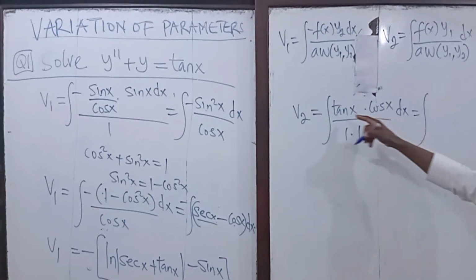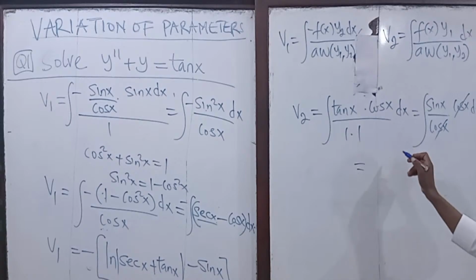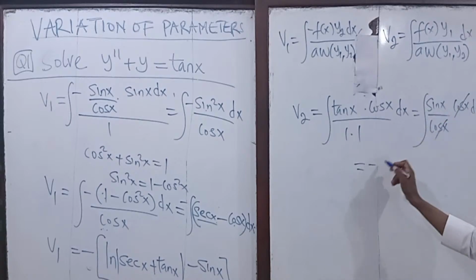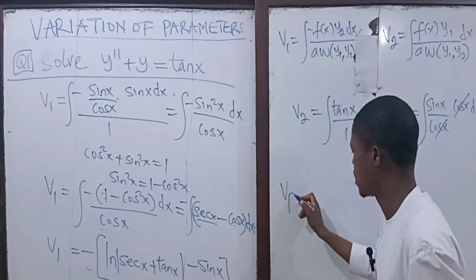That will be equal to tan x, which is sine over cos x, times cos x, dx. So this one and this one we cancel. You just have the integral of sine x, which is minus cos x. That's your v2.